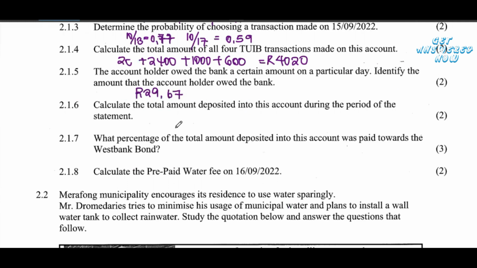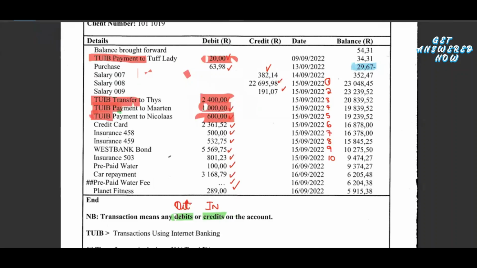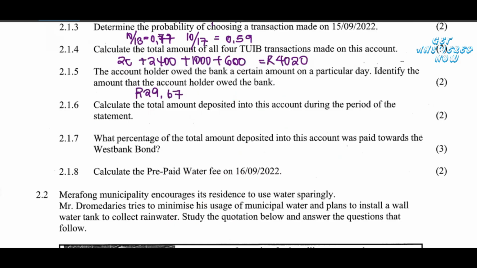Calculate the total amount deposited into this account during this period of the statement. Deposited. So here are the deposits. We have that much, that, and that. The salary. These are the monies that are coming in. So they told us to look for the total amount deposited.